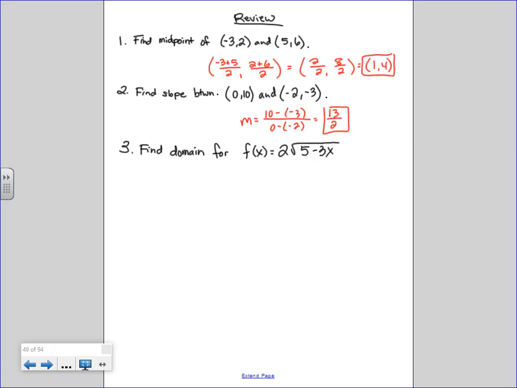The farthest on the x. There's no calculator. There's another way to do it. We can't use the calculator on domain problems. There's a way to do it without using one.